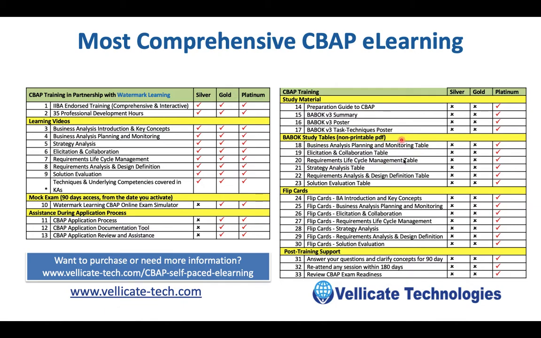For each of the knowledge areas, there is a table which describes the tasks. For every task, this table will describe the input, output, elements, guidelines and tools, stakeholders, techniques, the description of it, and the purpose of it. So you have everything for a task in one table.